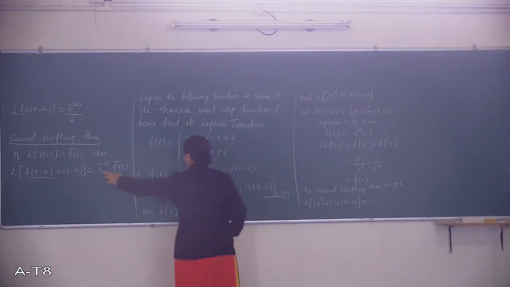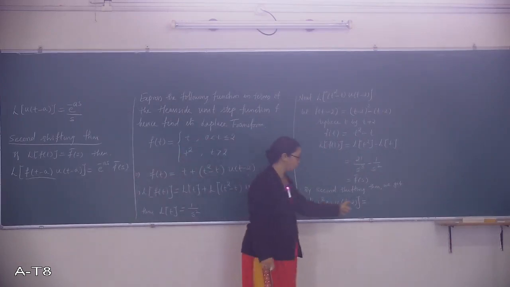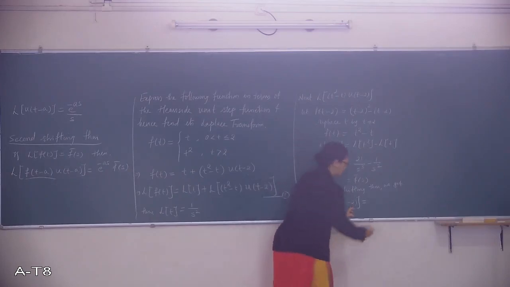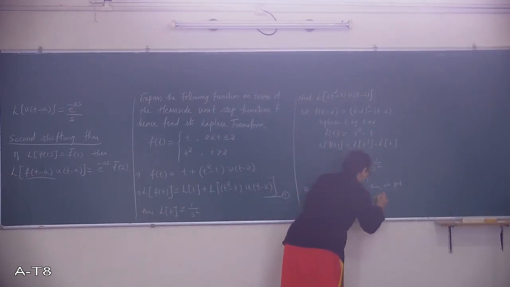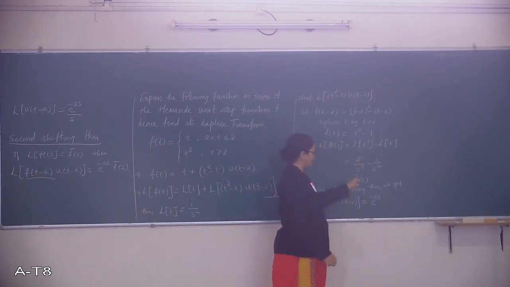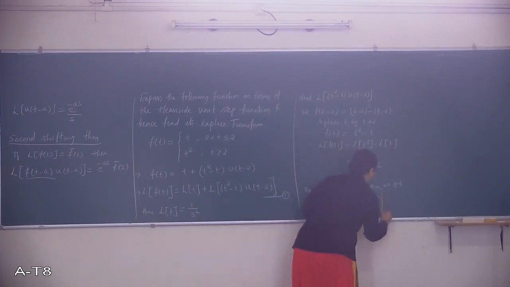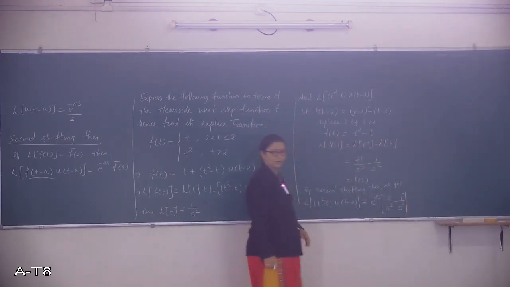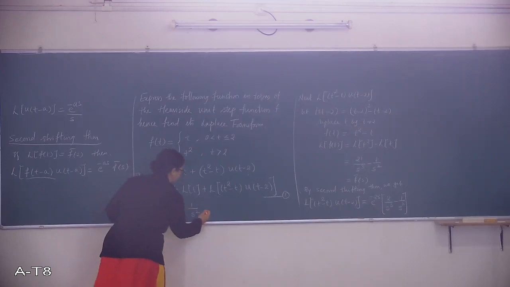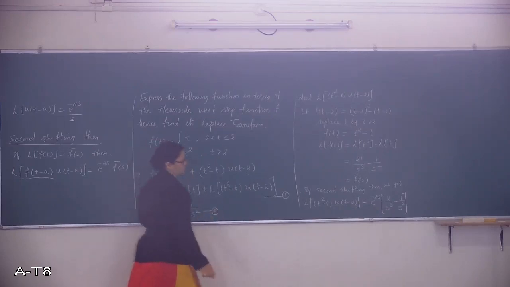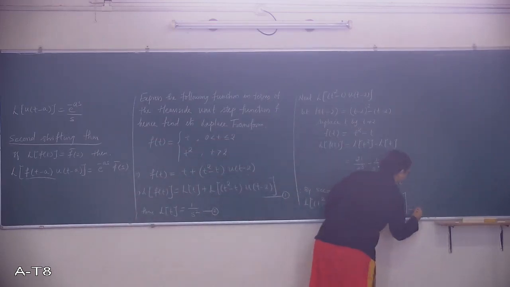Here it is e to the power minus as. But what is the value of a? It is 2. So it is e to the power minus 2s into f bar of s. What is the f bar of s value? It is 2 upon s cube minus 1 upon s square. Okay. Now here this result I call as 2 and this result I call it as 3.